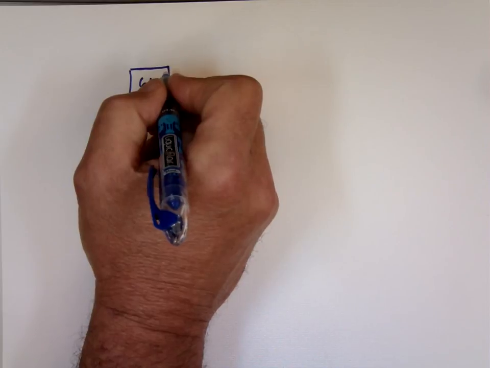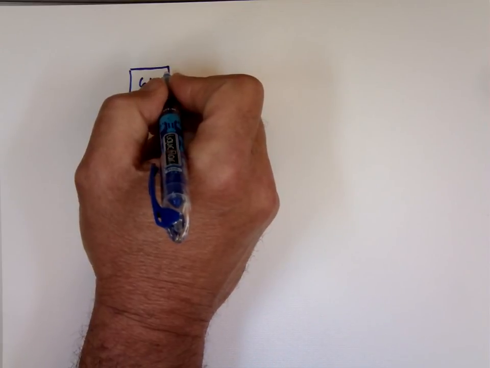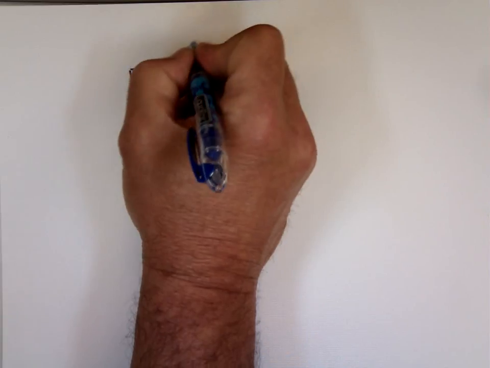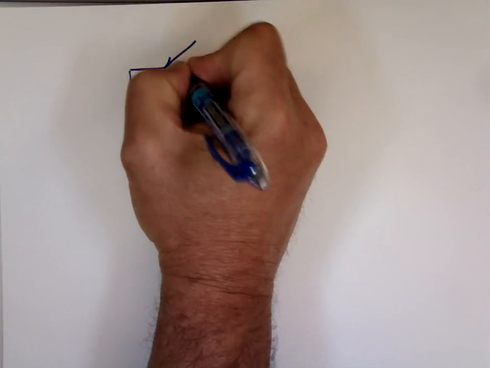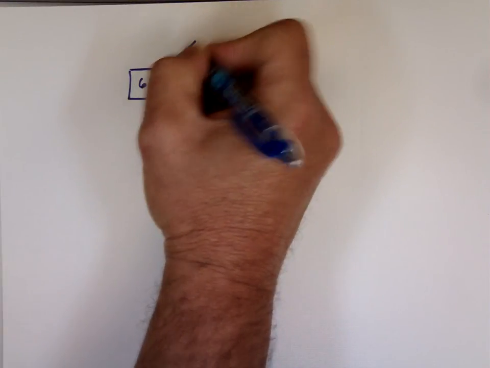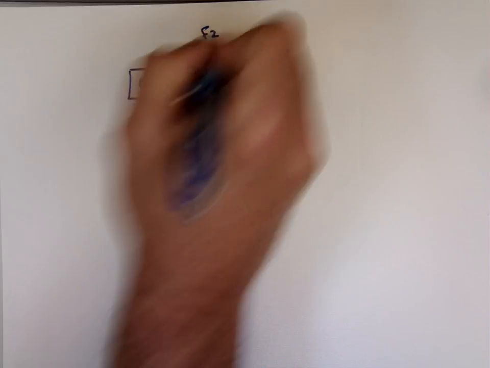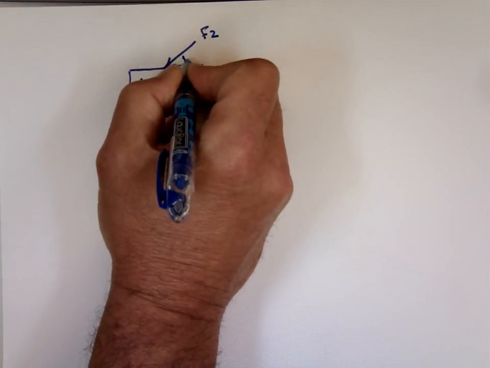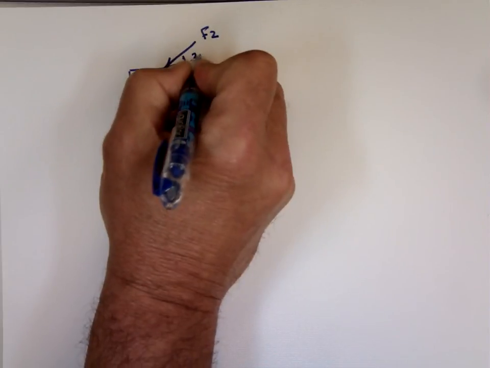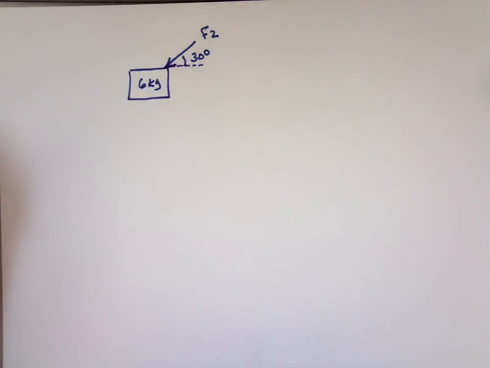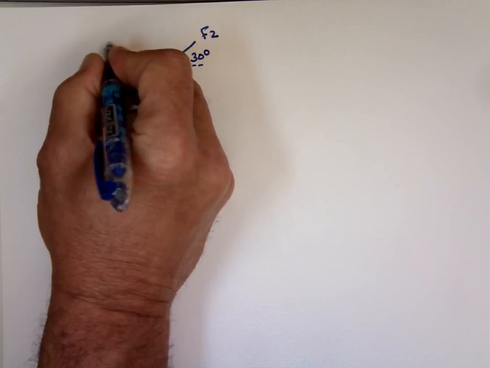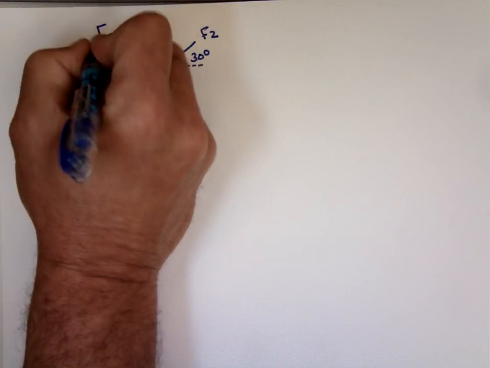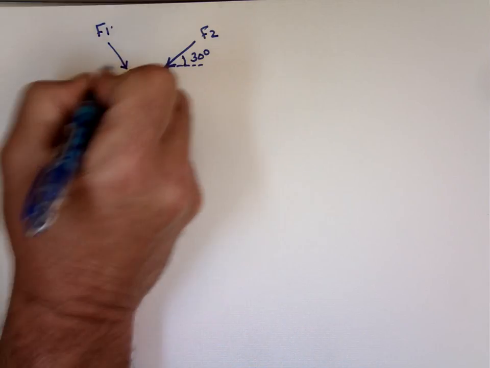So we have people pushing down on them. We have a force in this direction, we'll call it F2, at a 30-degree angle here. We have another force in this direction, F1, at a 60-degree angle.